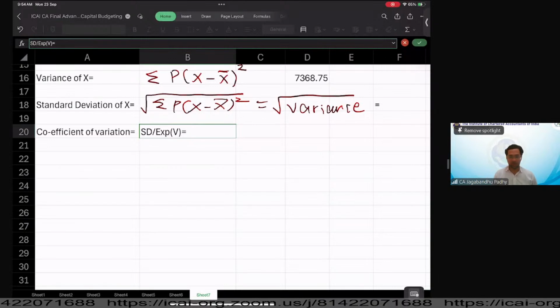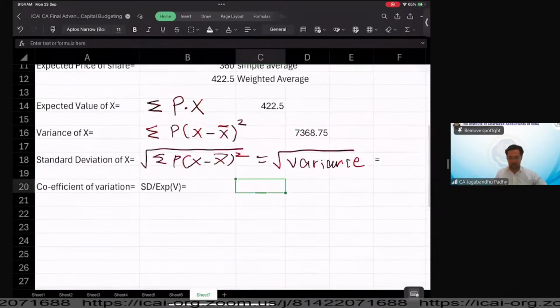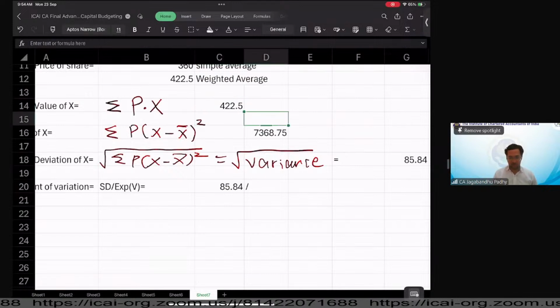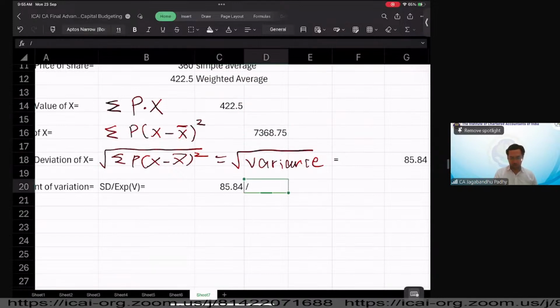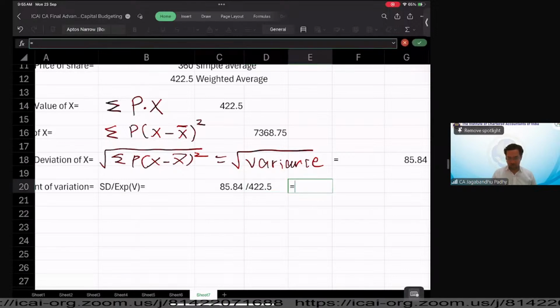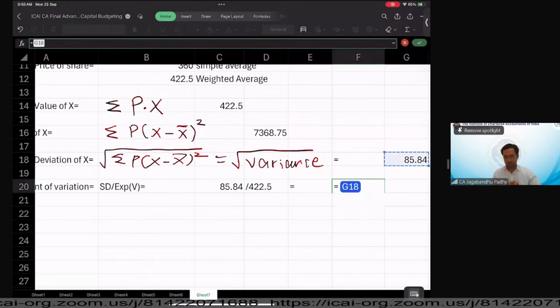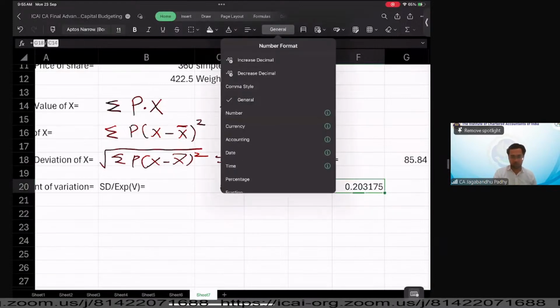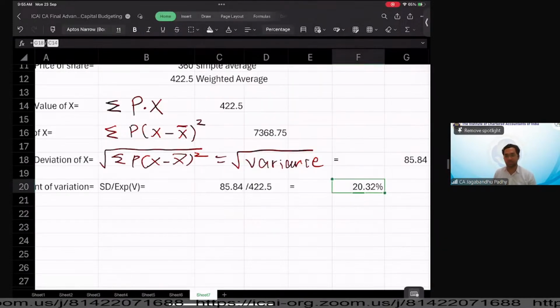In our case, standard deviation is 85.84 and we divide it by 422.5. So we can say it is 20.31 in percentage terms.